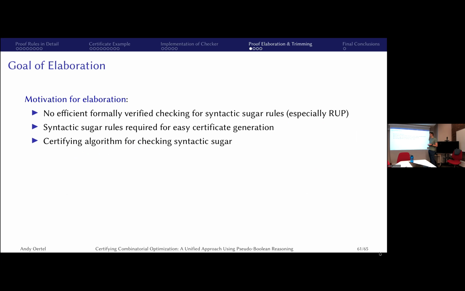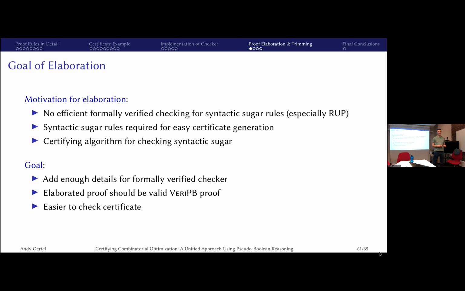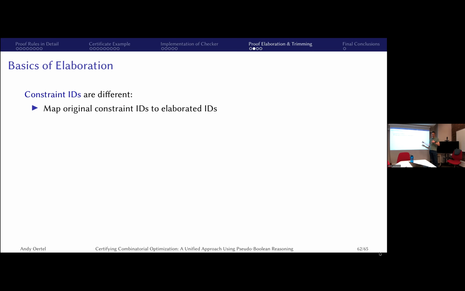Then the elaborated proof should still be a valid VeriPB proof, so we can feed the same proof back over to our original checker. And hopefully it should be easier to check. The basics of that is that the constraint IDs are different in the original proof and the elaborated proof, so we have to keep a mapping between them.